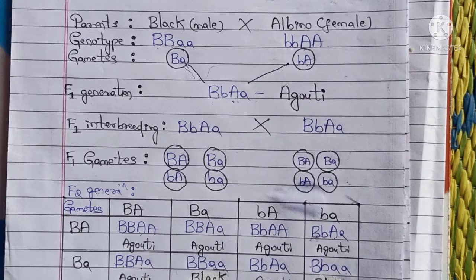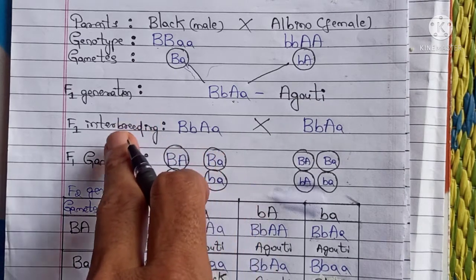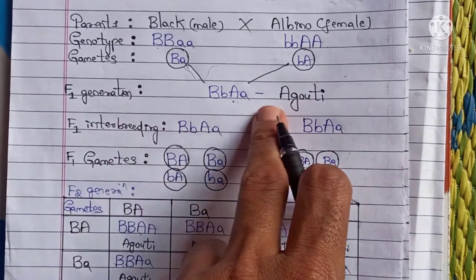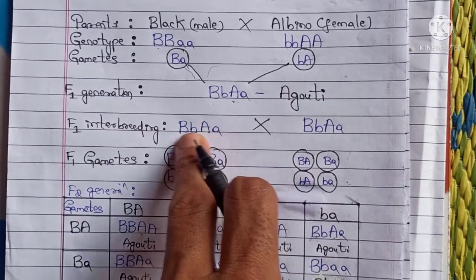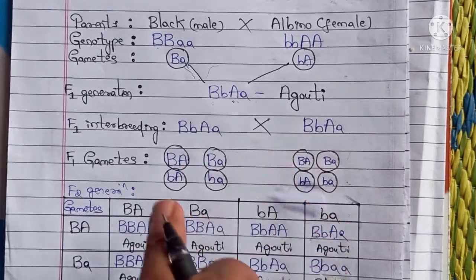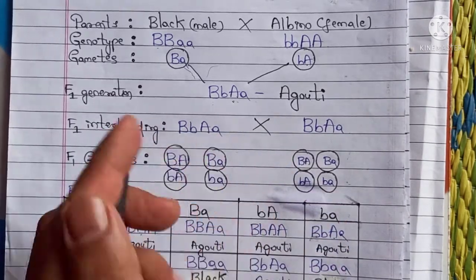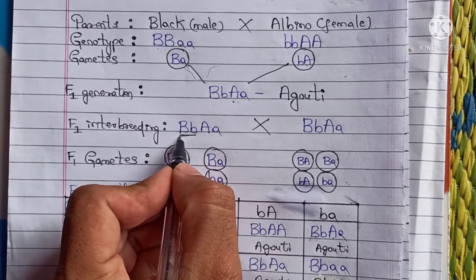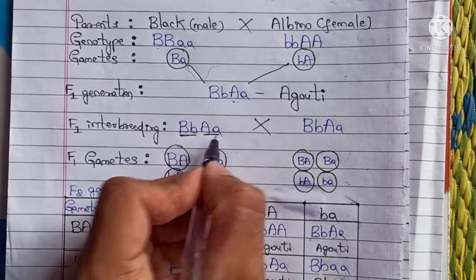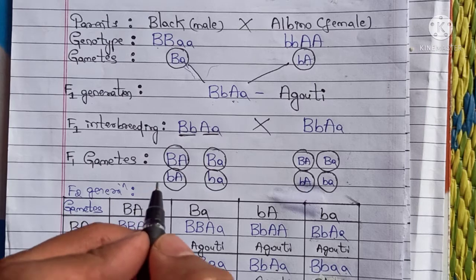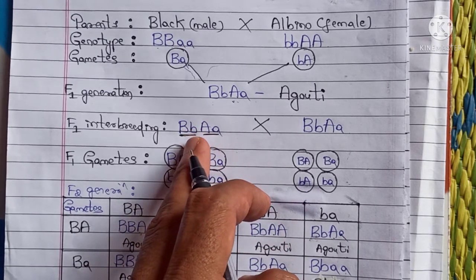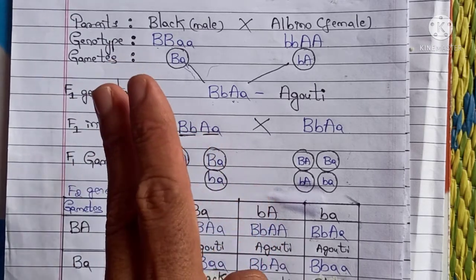So when these F1 generation individuals are allowed to undergo interbreeding, what happens? The F1 gametes, you can see that again here it is heterozygous condition 1, heterozygous condition 2. In the previous videos, I told you that when there is one heterozygous condition, two gametes will be produced.